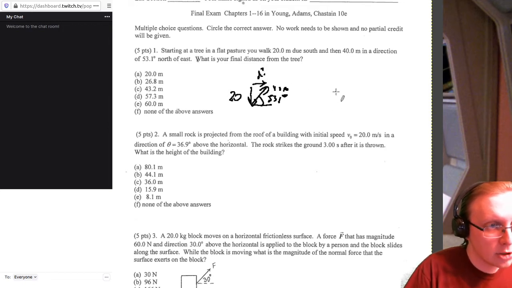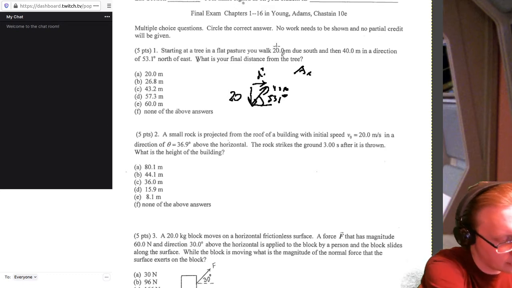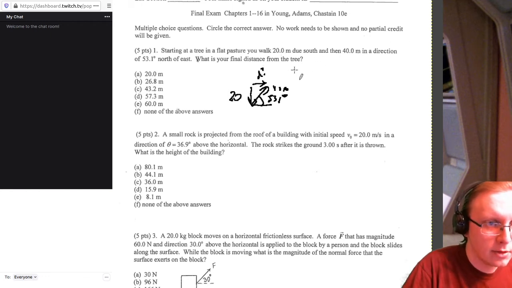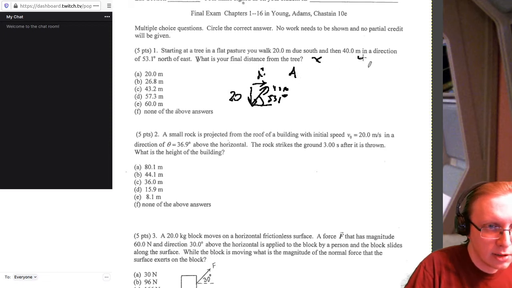All right. So we're going to break things down into our component directions, x and y. Our first one we're going to do south, therefore x is 0 and y is minus 20.